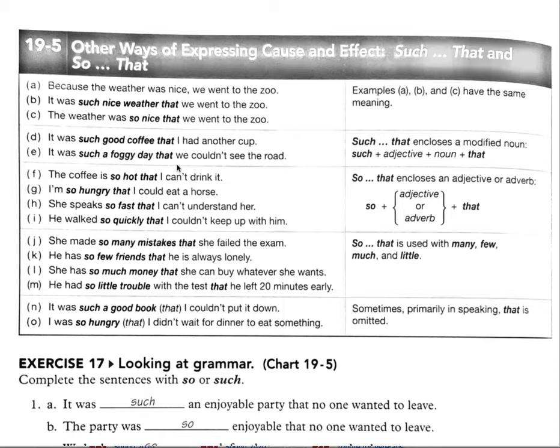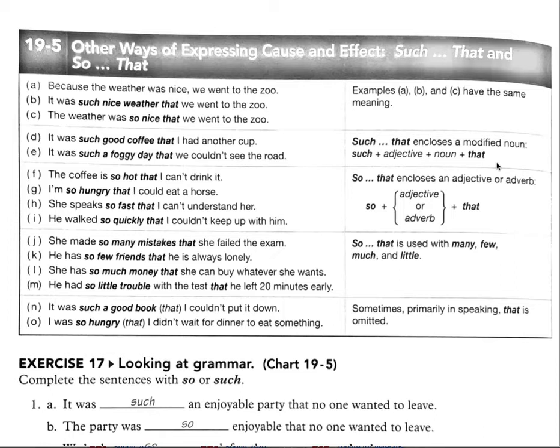Such and that again, but here it's a modified noun, meaning adjective, foggy, and day is your noun. Such and that encloses a modified noun. Such plus an adjective plus a noun plus that. And that's what we call a modified noun, when you use an adjective in front of a noun.